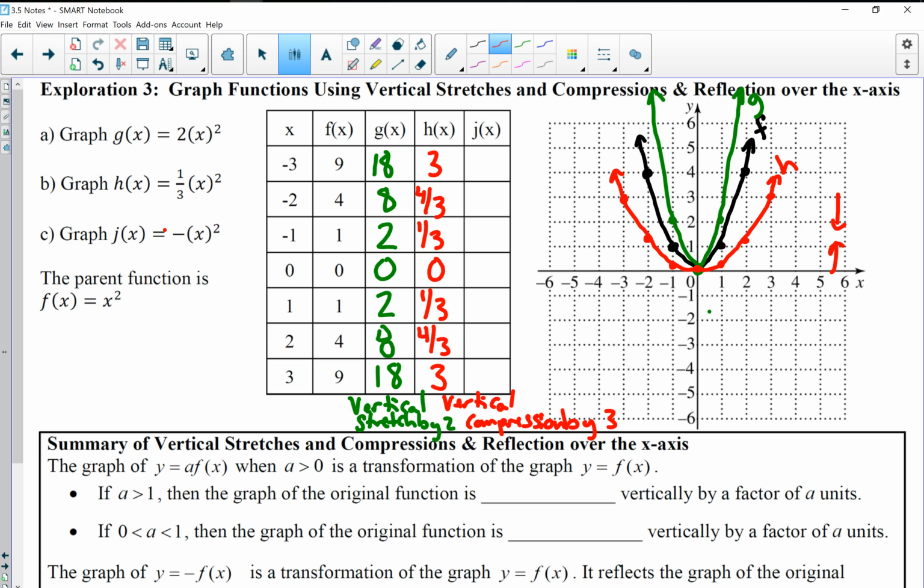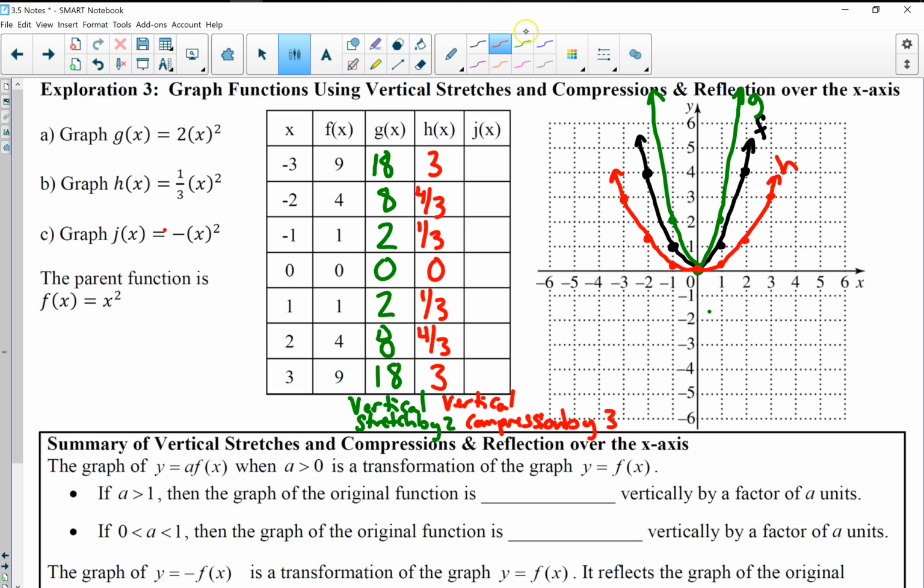And that's really what's happening here, is we're decreasing our y values, and so they're becoming smaller, and our graph is getting wider as a result. So we would consider this vertical compression by 3. I know you see the 1/3 there. However, the overall effect is it's 3 times less than what it used to be for y. So that's why we say it's a factor of 3.